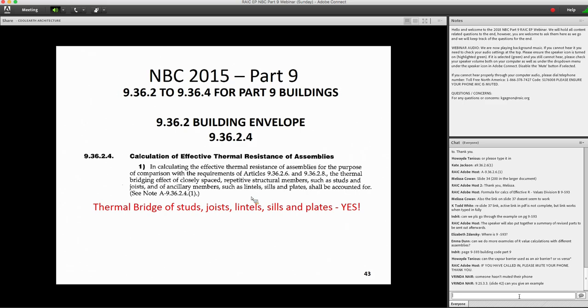And here's where you see the note that you can use, and this is the reference within the National Building Code. The calculation that I sent you is the same calculation, and you have it in the National Building Code. So we do have to calculate thermal bridges of studs, joists, lintels, sills, and plates.